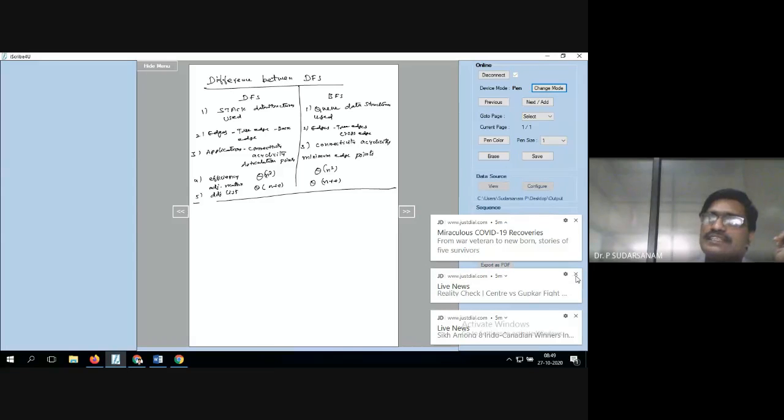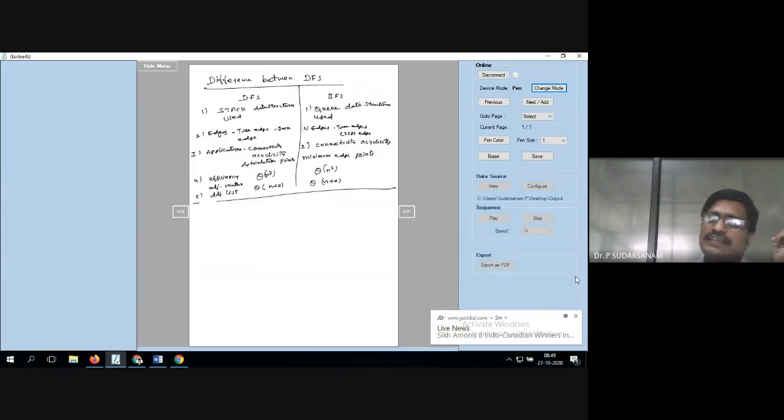So you will check that there are no cycles. Connectivity is nothing but the acyclicity. Those are the applications; both are acyclicity only. The way of working of the data structures is different. So the major difference is stack and queue.